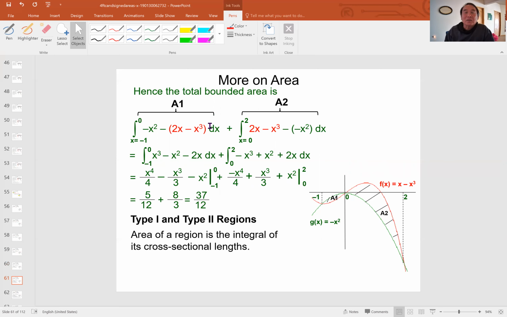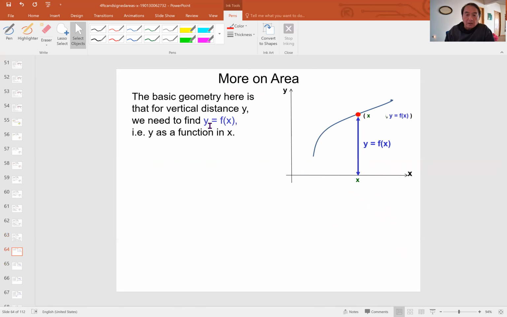The two types of region depend on how the boundary of the region is defined. The basic geometry we're going to use is that suppose I have a curve given by equations with x's and y's all mixed together, not necessarily functions, like x squared plus y squared. If I want to know the vertical distance at a point, then I look at the y coordinate.